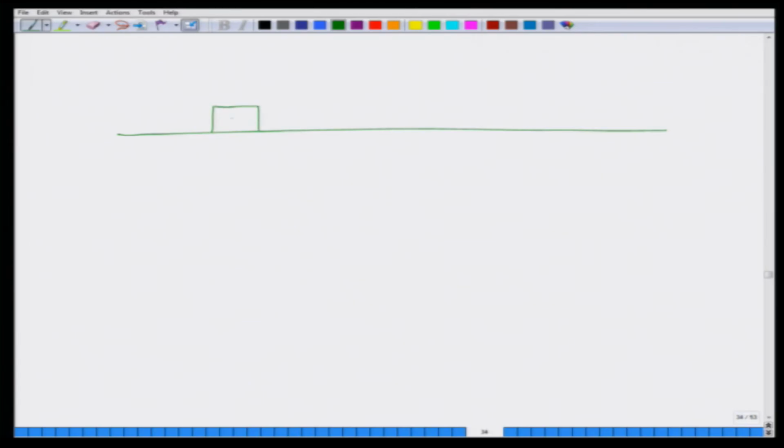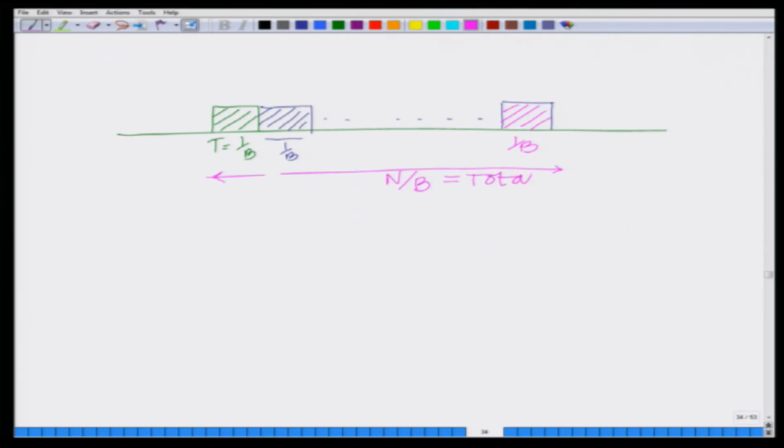In a single carrier system I have a bandwidth of B and I have a symbol time T equals 1 by B. Therefore, I am transmitting N symbols in the total time N by B, and this is for a single carrier system.